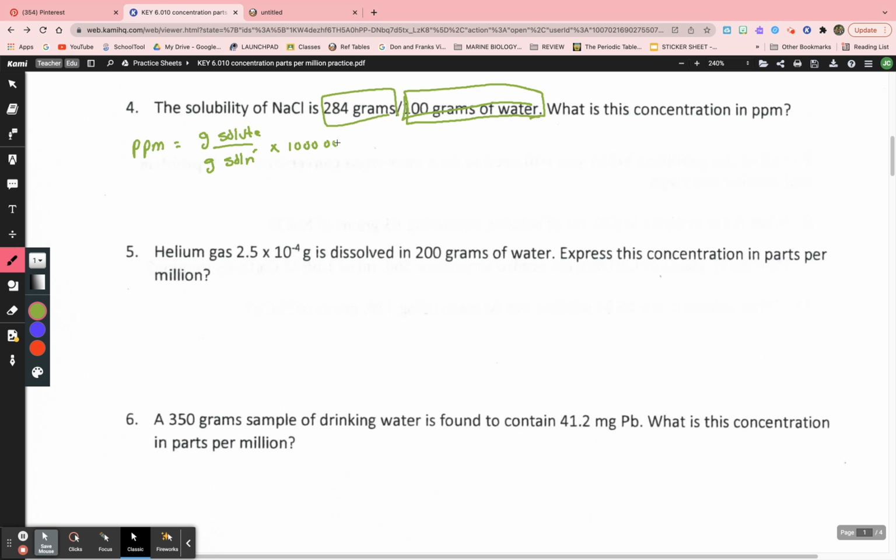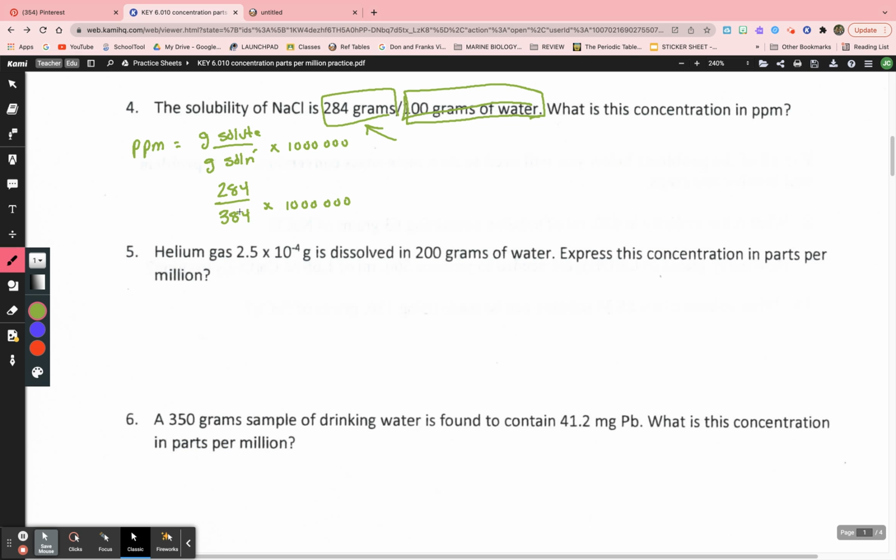Okay, how many grams of solute do I have? 284. So 284 goes here. 100 grams of water. So what is the mass of my solution? 384. Why do you say that? Because you have 284 grams of solute per 100 grams of water.